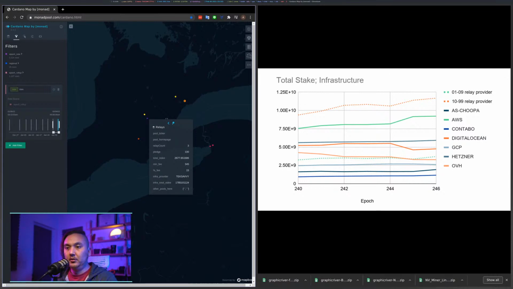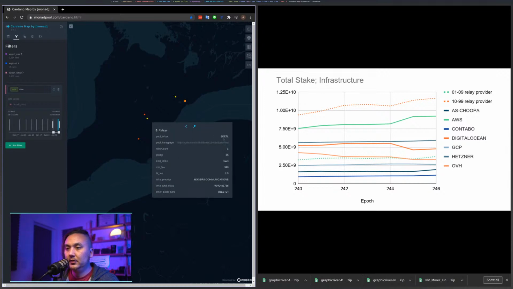Here's an interesting one. They have their ticker listed in the metadata, it could be missing, but this one is using TechSavvy. Beetle is on Rogers Communications. Rogers is a kind of ISP in Canada and some parts of the northern US.